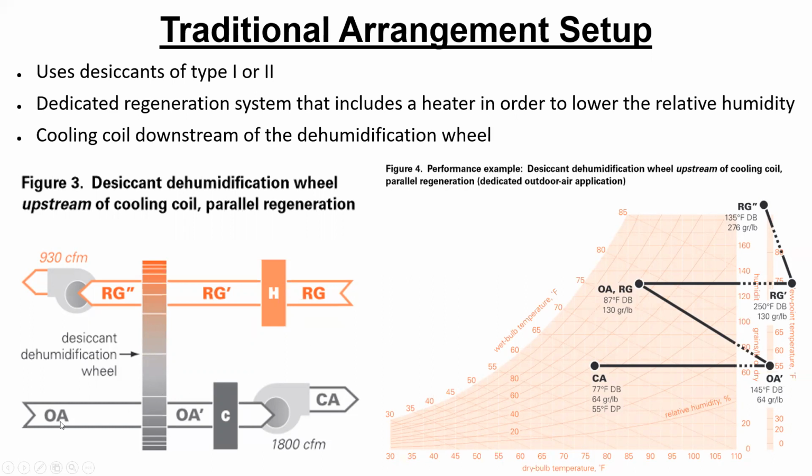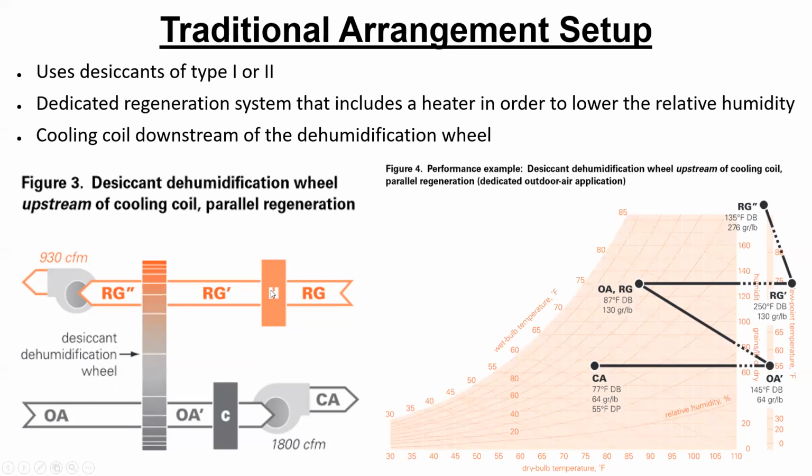Let's take a look at the outdoor air coming into the wheel at the same temperature, and getting drier by going through the wheel. So we're going from OA all the way to OA prime. It goes down on this vertical axis because you're losing moisture, giving it to the wheel.